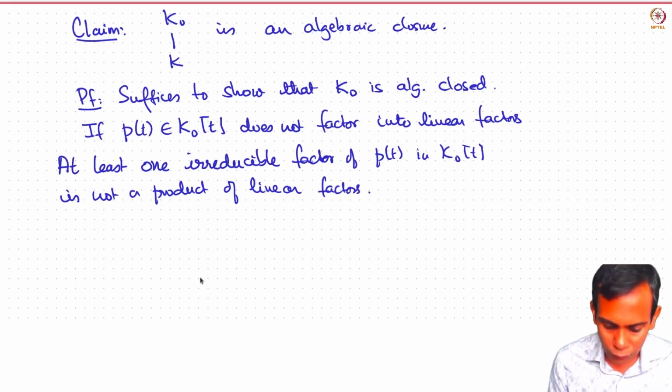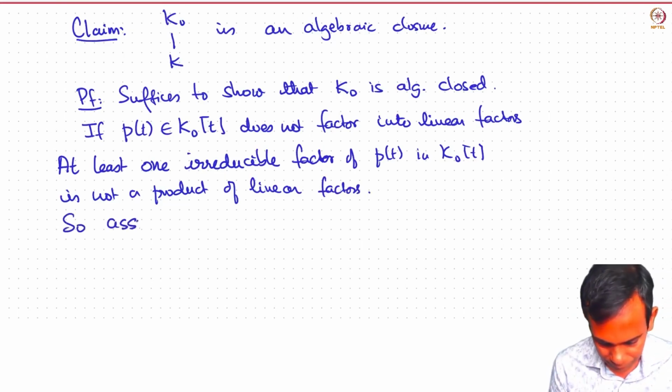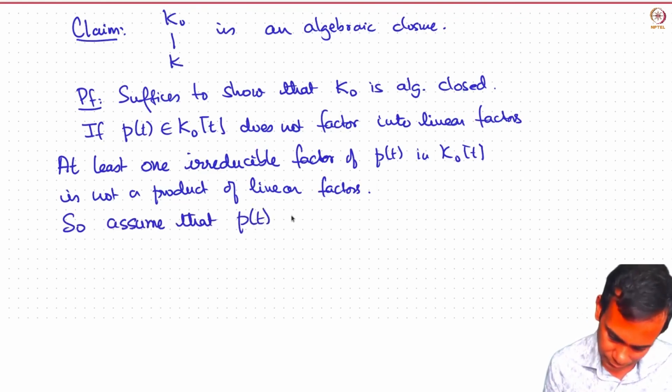Okay, so we can assume that p(t) is irreducible. Just replace p(t) by one of its irreducible factors.